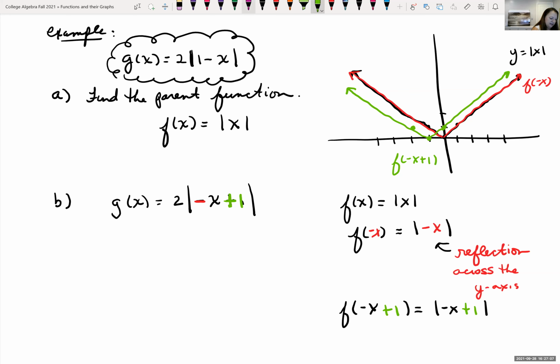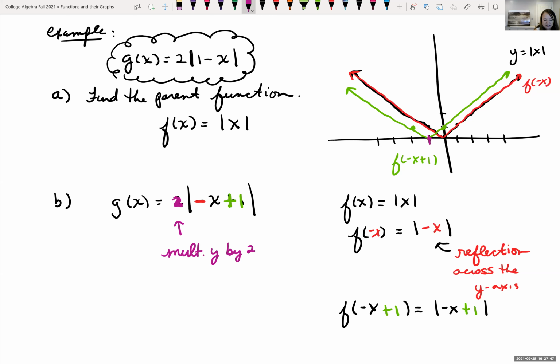And then we have this 2 that is outside. So let's graph that piece. This 2 is changing the value of y. So this is multiplying y by 2. So if I think about my point here at -1, 0, and I multiply my y value by 2, well, 0 times 2 doesn't affect anything.